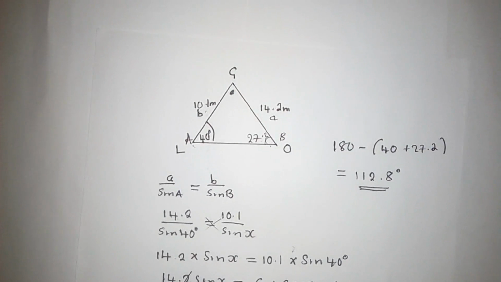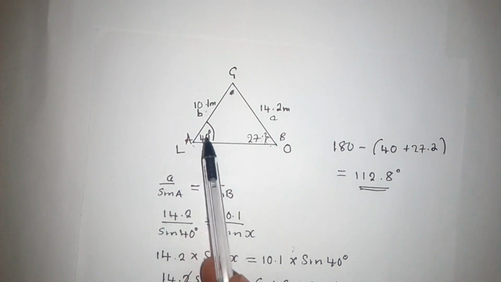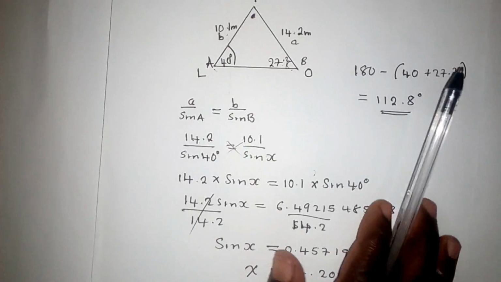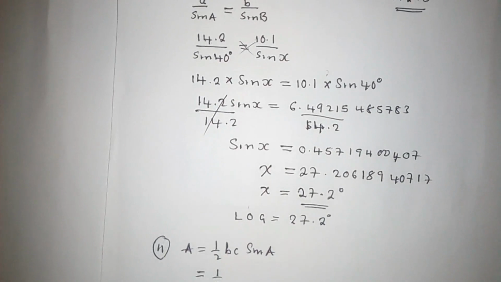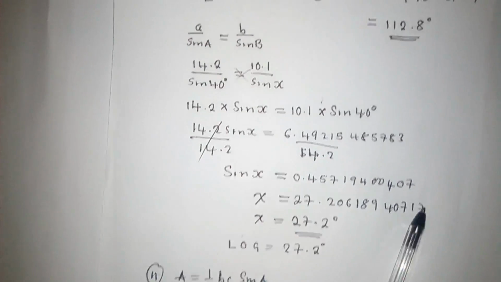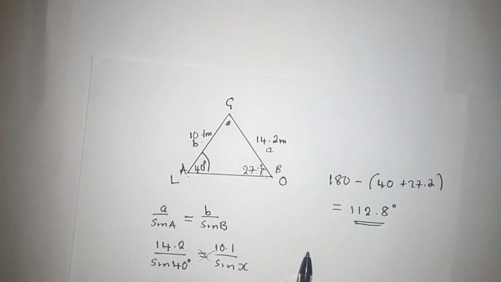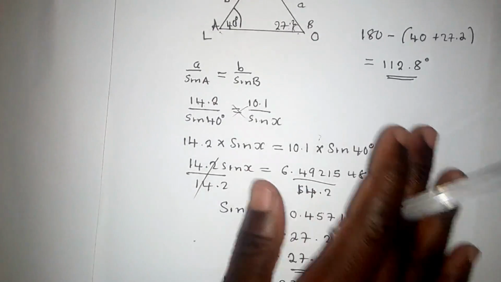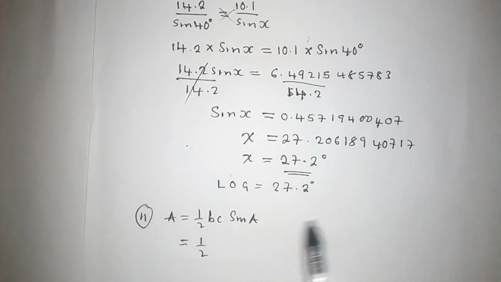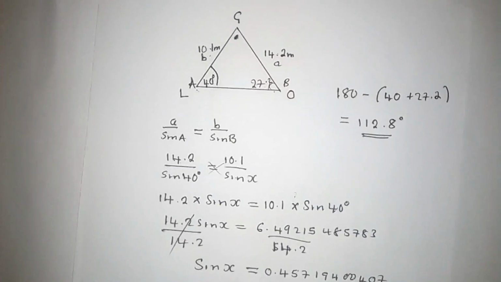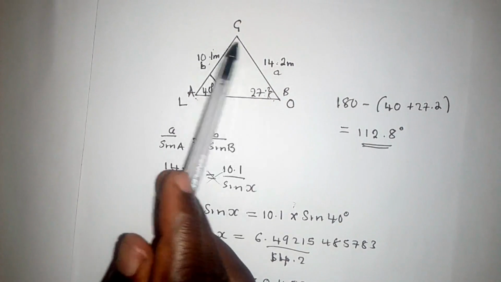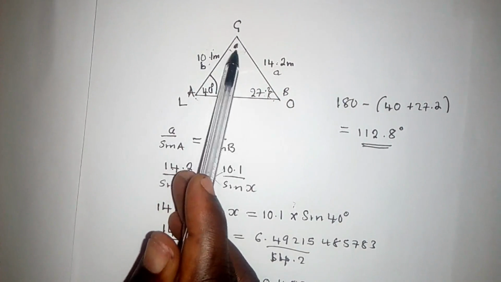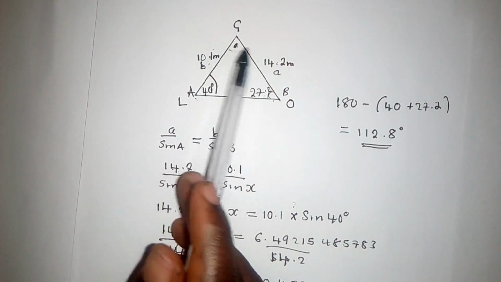So your b and c should be the two distances which are forming the angle you're going to put here. So we're going to use the angle which is here and these two distances.